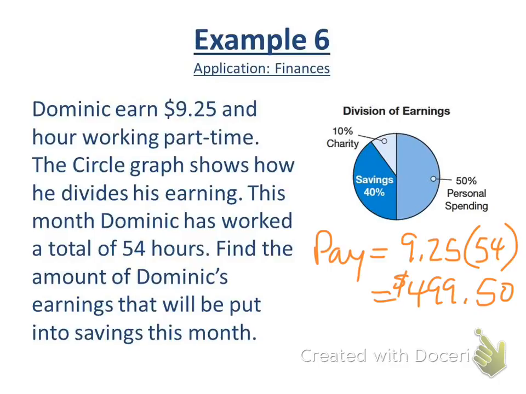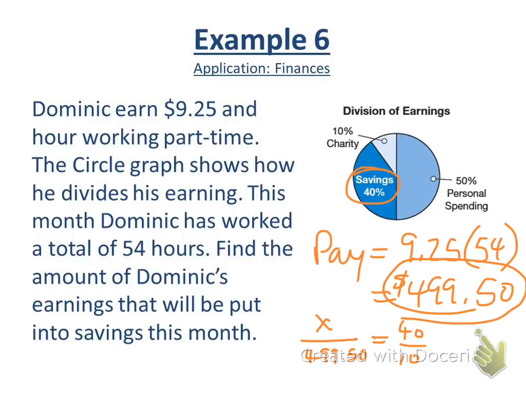Now we need to put that into our is over of equals percent over 100, or we can just do it directly, right? What is 40% of $499.50? So we could do it that way.